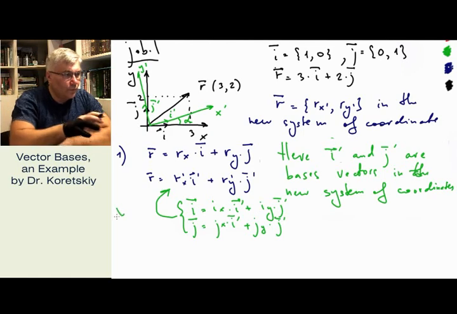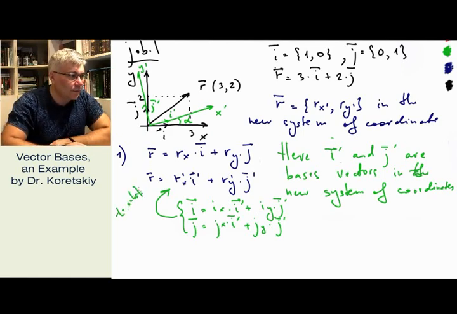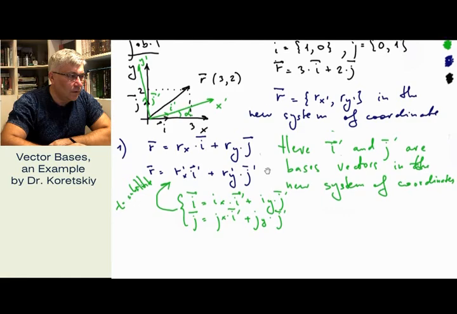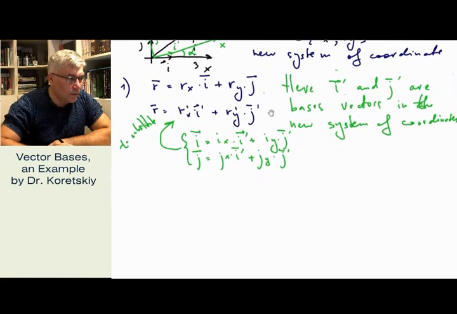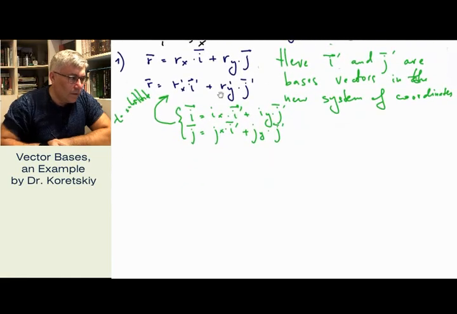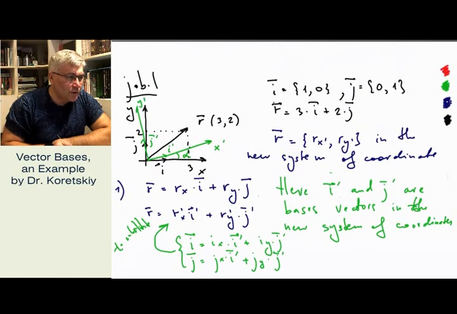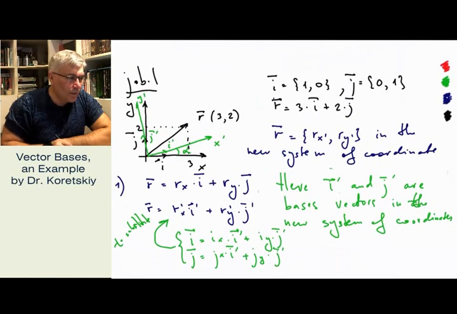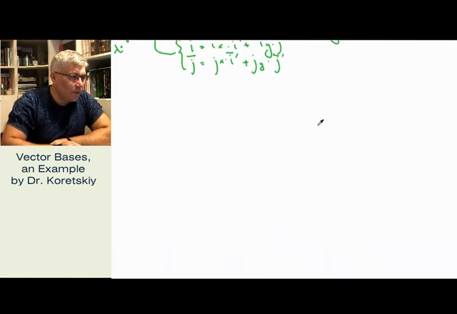I want to zoom in on this system of coordinates. So I have firstly my previous system of coordinates, and here I have the rotated one.